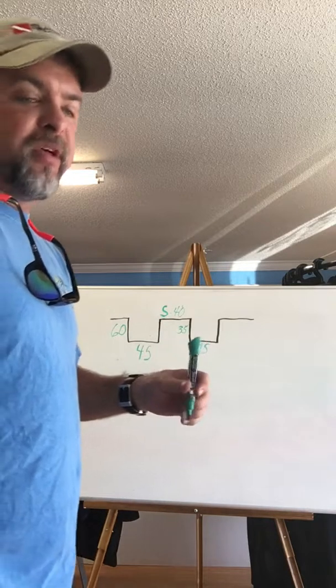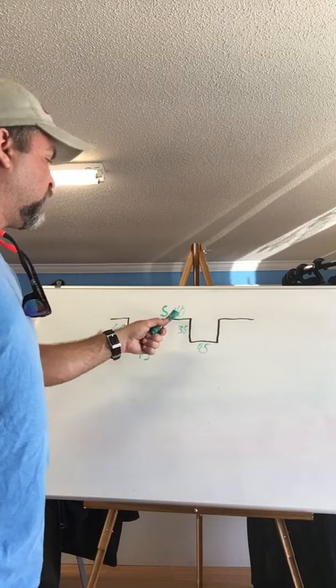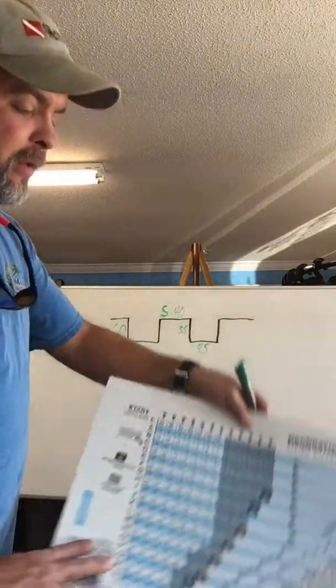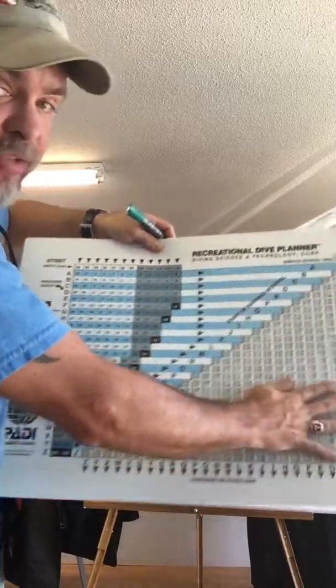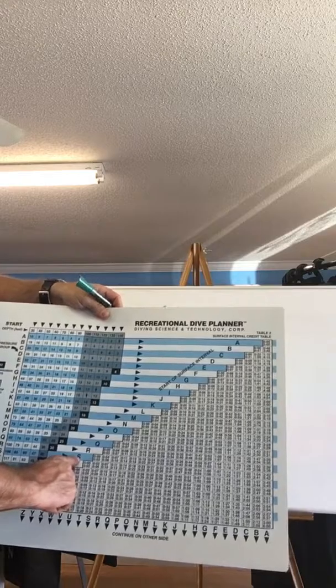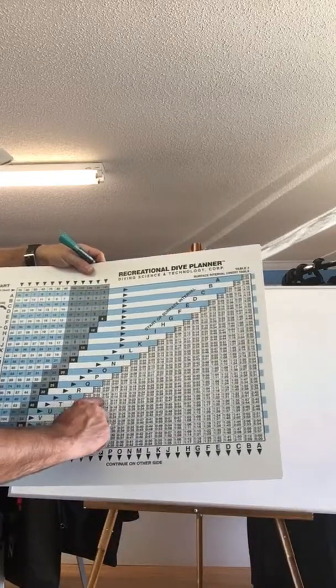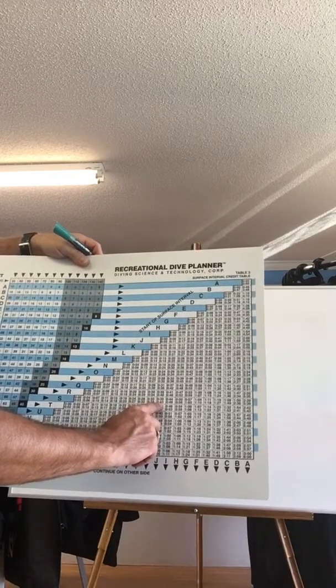Well, to get rid of some of this nitrogen, or to degas, we're going to do a surface interval for 40 minutes on the boat. How do we do that? We're an S diver, so this is our surface interval side of the chart. So we're going to find S, then we're going to go across to 40 minutes. And we'll find a 39 and a 43.